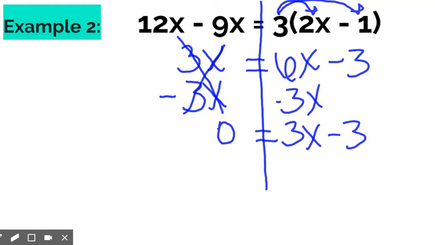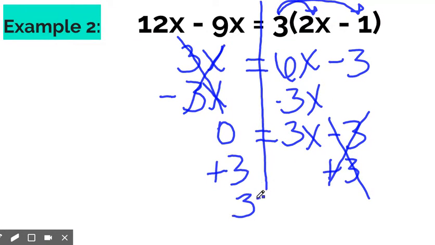So, order of operations backwards. The opposite of subtracting 3 is adding 3. So those cancel. We have 3 on the left side, and we just have 3x on the right side. And then to cancel out the 3 that's with the x, that's being multiplied, we're going to divide.